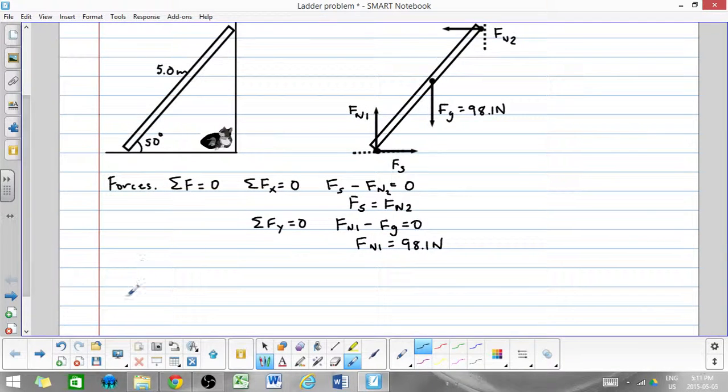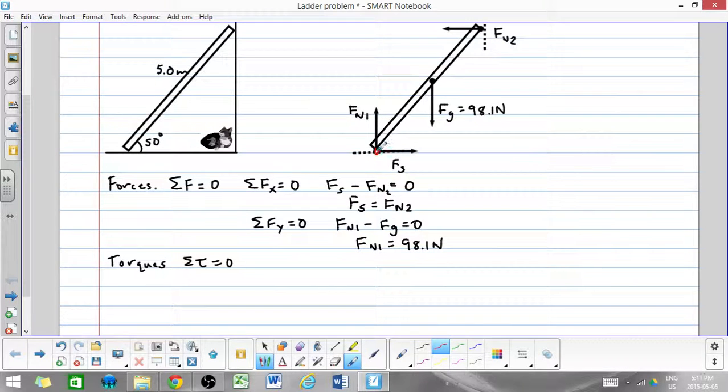Okay, now let's look at the torques. For the point we're going to choose as our pivot point, let's pick the one that two forces go through, and then we don't have to involve those ones in our torque calculation.